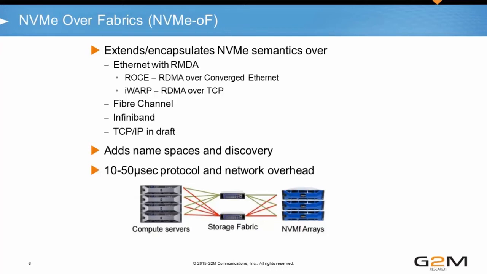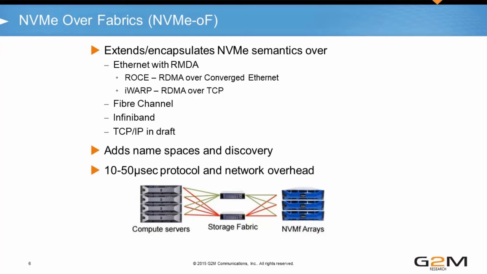And NVMe over Fabrics extends and encapsulates the NVMe semantics, that is, that software API, over a fabric network of some sort. You can think of it as conceptually similar to iSCSI, which encapsulates the SCSI command set within TCP/IP.